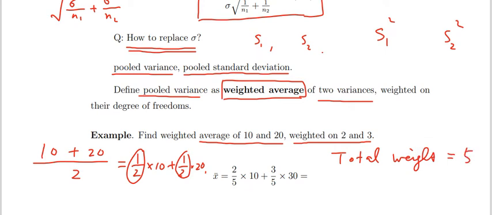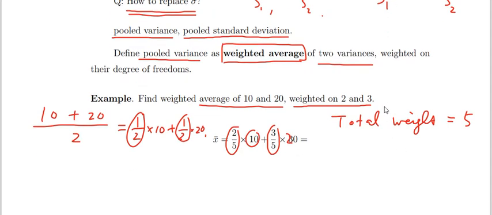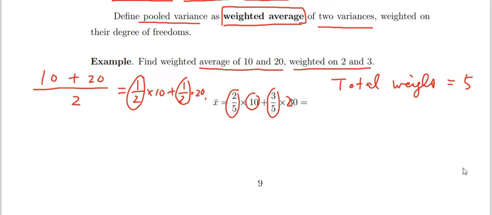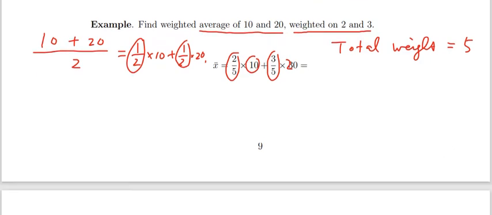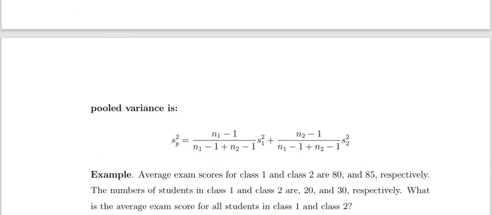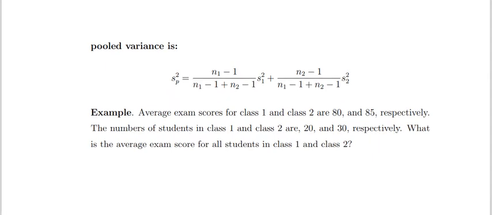So the weight of 10 is 2 over 5. Sorry, I made a mistake there: the weight of 20 is 3 over 5. Okay. So weighted average is a very useful notion, and in many situations we will use weighted average.